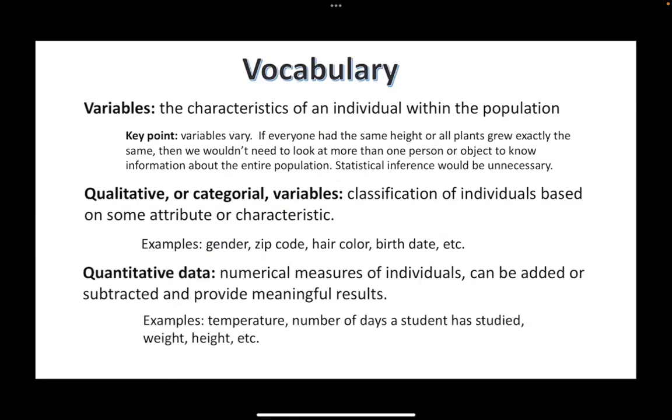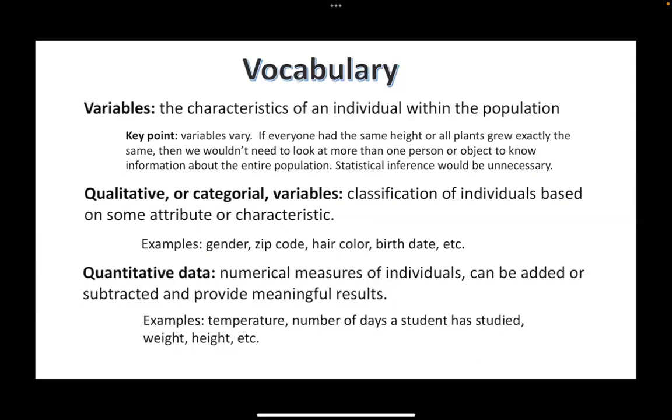Temperature, number of days a student has studied, height, weight, things like that. Anything that you would do math with. I would not do math with a phone number or a zip code. I wouldn't do math with a street address, but temperature, number of days. So anything that is meaningful as numbers would be quantitative.